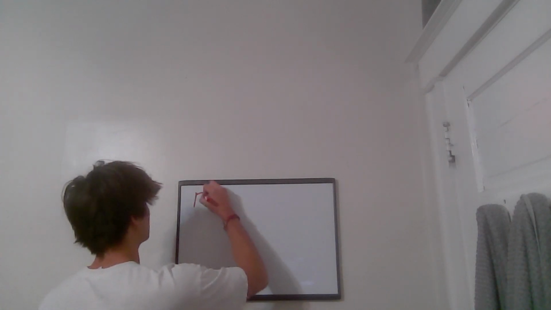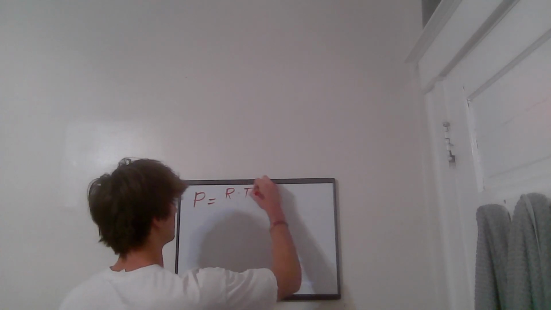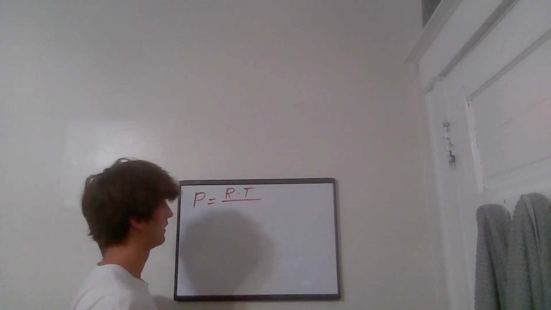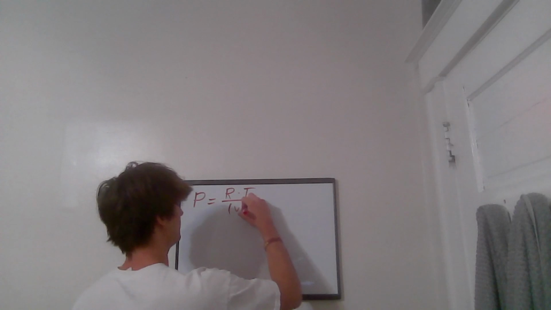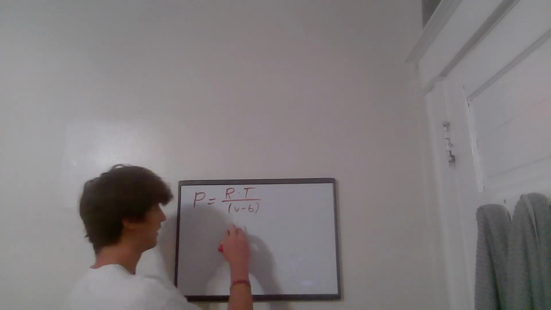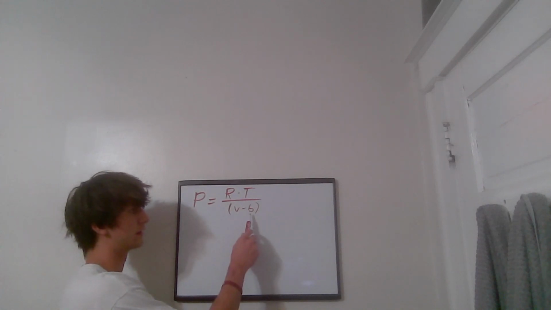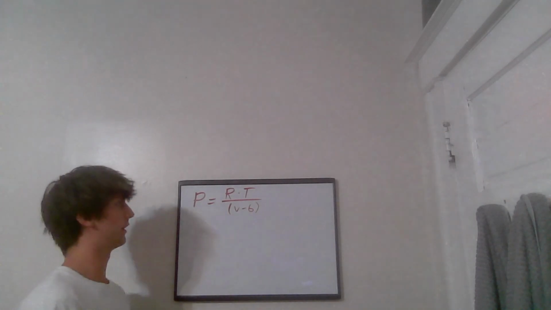So today we're going to be looking at van der Waals equation of state. Van der Waals equation of state is pressure equal to R times T, our R constant and our temperature, divided by V minus B. Our V is going to be our molecular volume, and our B is going to be the volume that our atoms and our molecules take up.